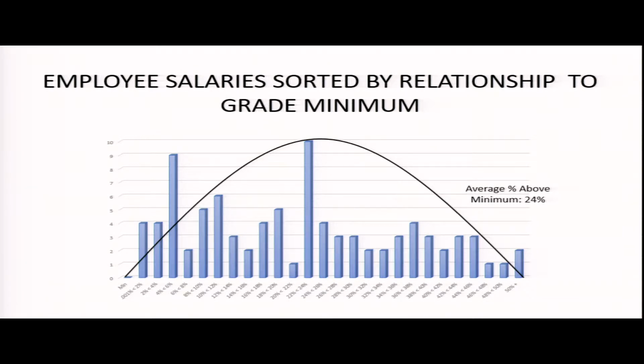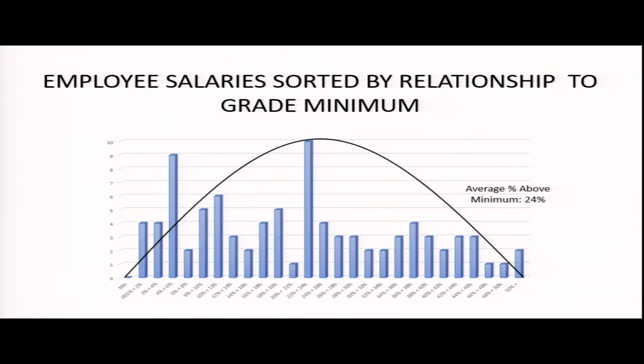The salary administration policies and procedures you have been following over the last 4, 5, 6 years have resulted in a distribution of employee salaries in their current pay ranges that, in my opinion, is as close to a perfect distribution as you can get.